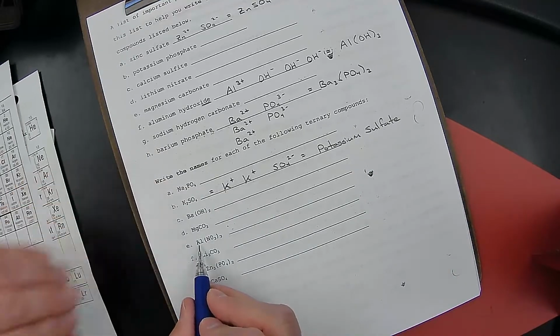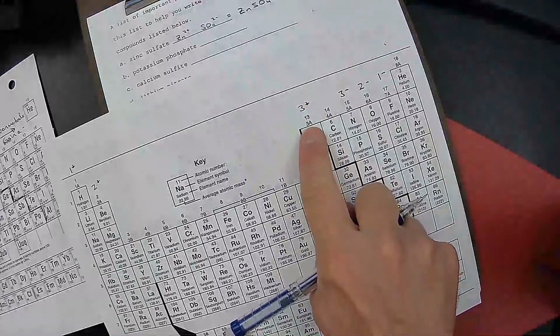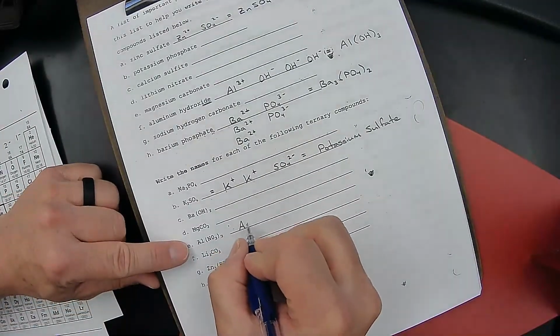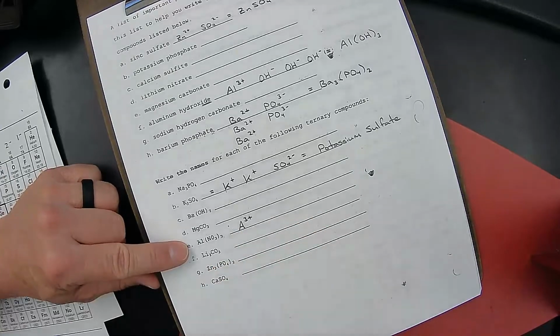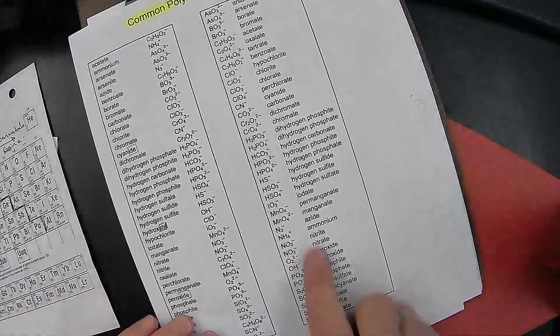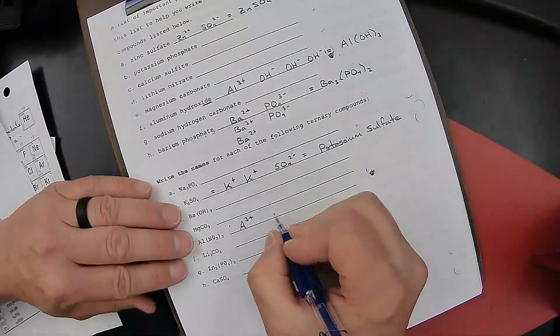Let's look at this one, Al. Al is in column 3A, so it forms a 3 plus based off of losing those 3 valence electrons. This grouping of NO3 is nitrate, and it's an NO3 with a 1 minus charge.